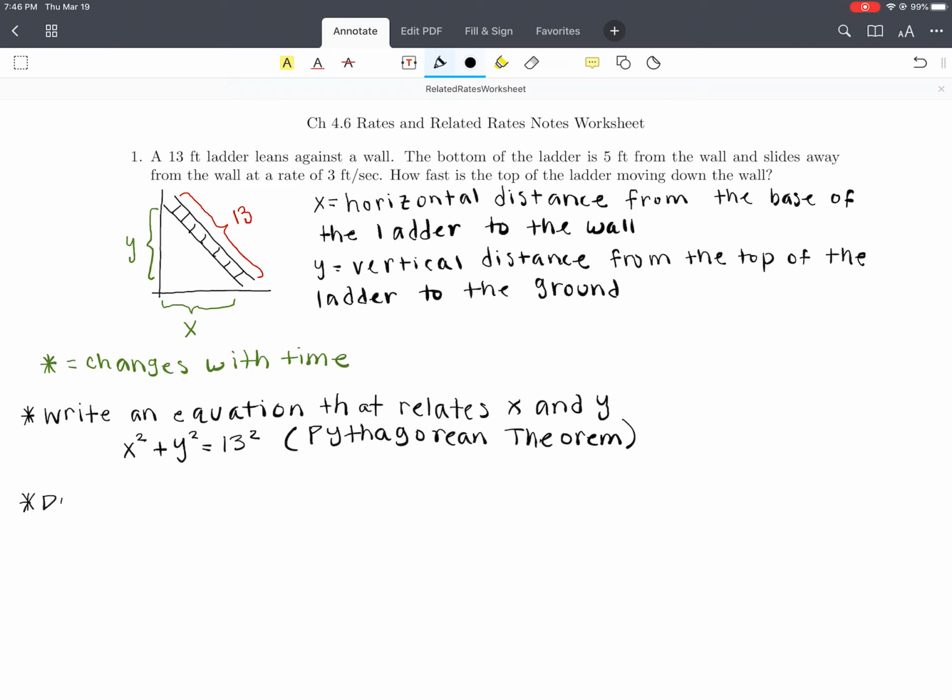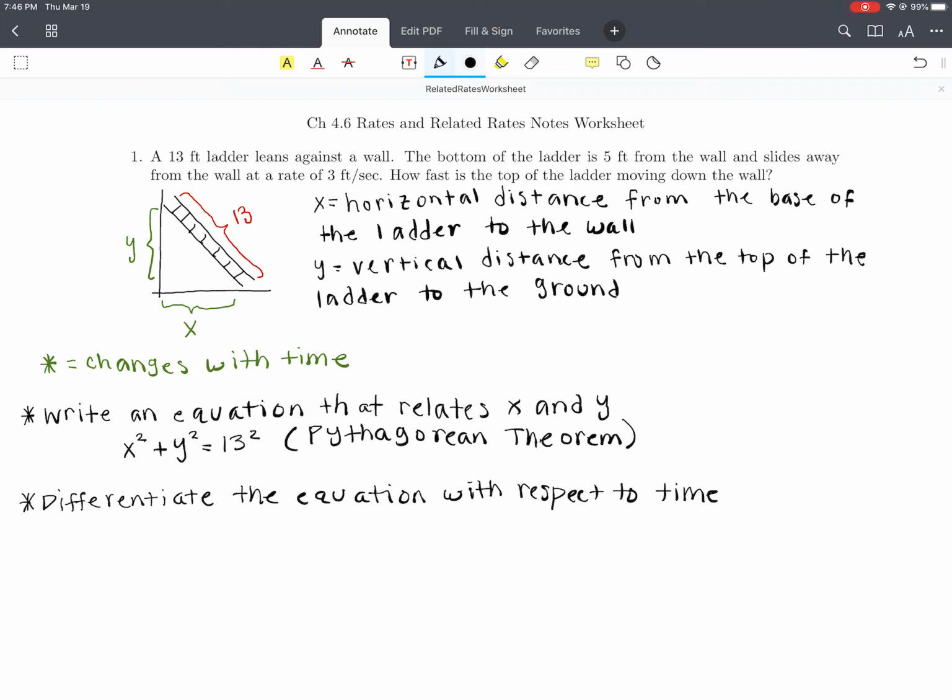We want to differentiate the equation with respect to time. Remember, x and y change as time changes, so x and y are implicit functions of t.